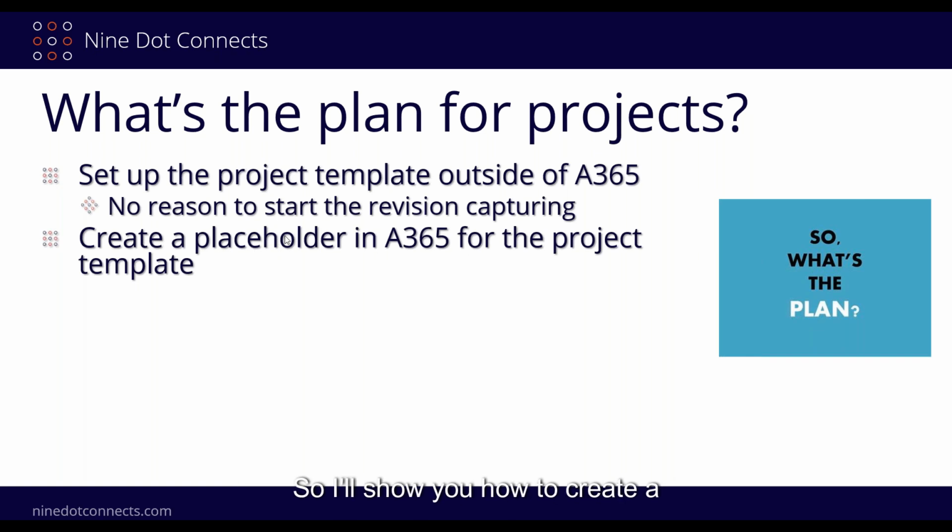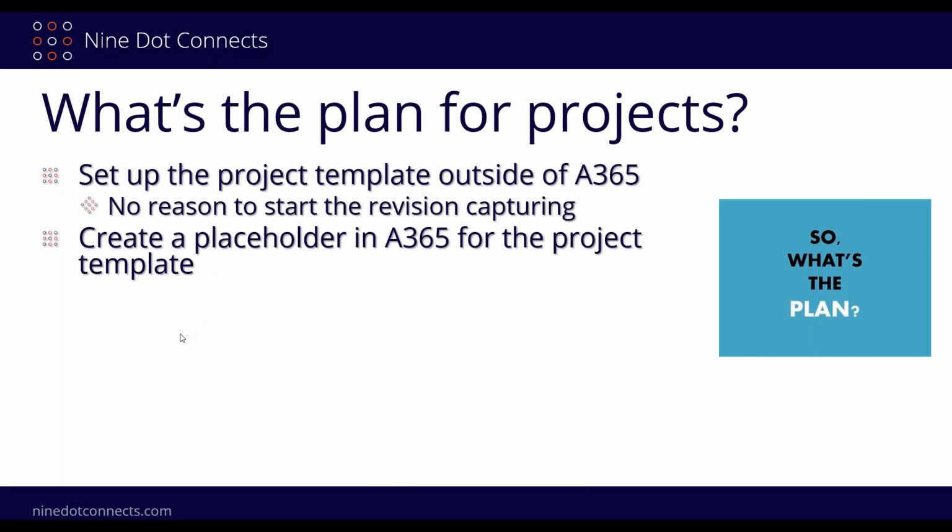So I'll show you how to create a placeholder. This is different from just saying file, create. Because by default, when you create something in 365 or declare it, it's going to say, okay, here's the editor, create it, and then save it. But I don't want to do that. I actually want to take what I already have and bring it into Altium Designer, but I have to put a placeholder in there first to make that happen. I'll show you how to do that.